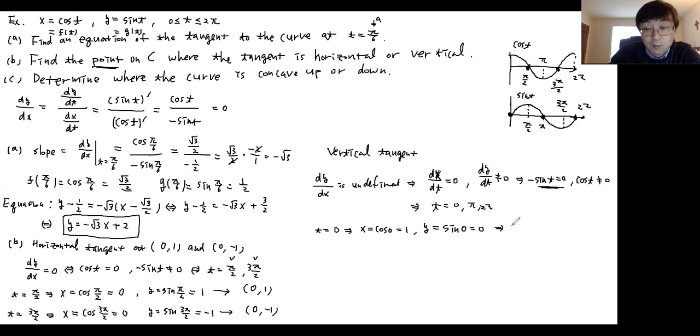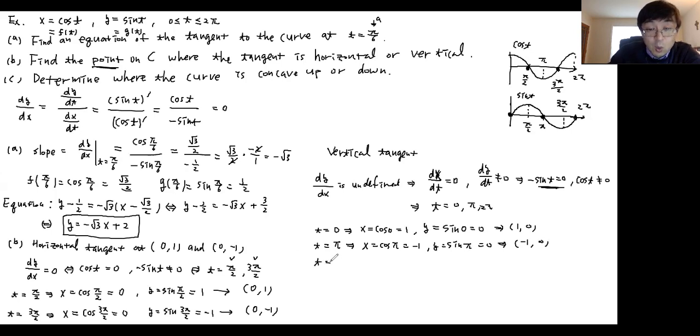So we have (1, 0). The next one, t equals pi. You plug into x and y again. x equals cosine of pi, which is -1. y equals sine of pi, which is 0. So we have another point, (-1, 0).